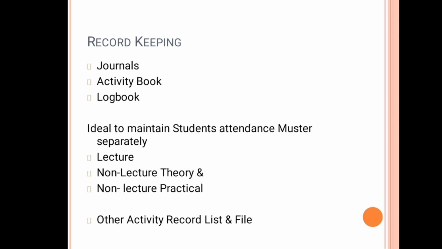For some courses it is 2 or 3 or even 4 in number. It can be mentioned in a particular book on the day when it is done. A separate activity list or file can be maintained, but attendance can be recorded in the non-lecture theory or non-lecture practical muster when it is conducted.